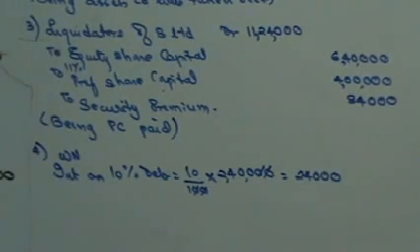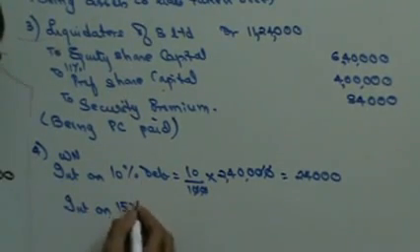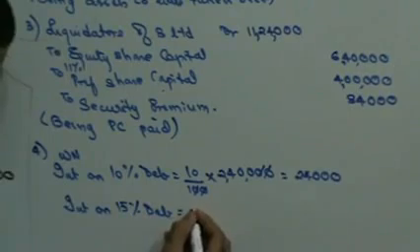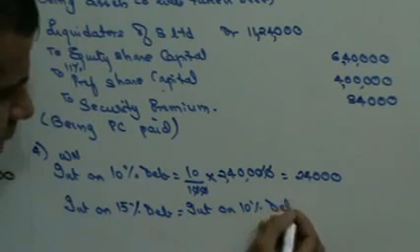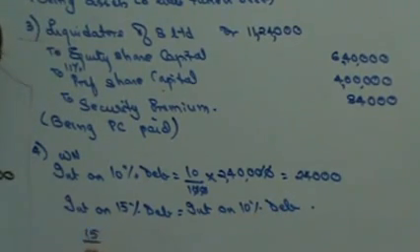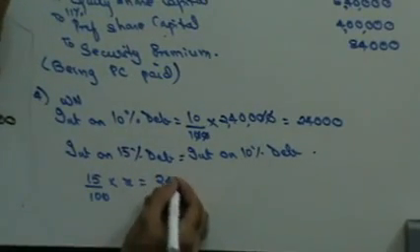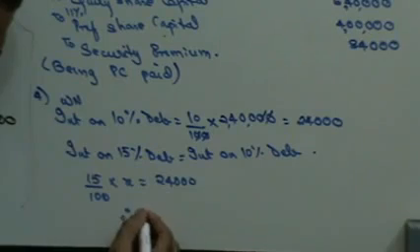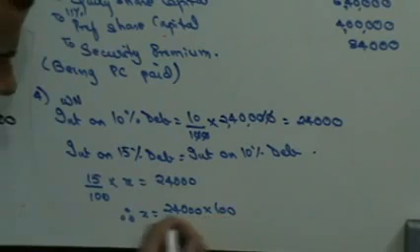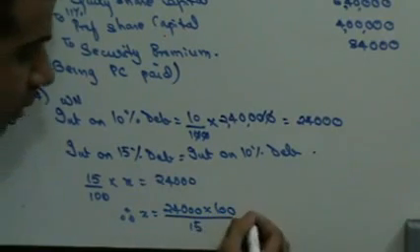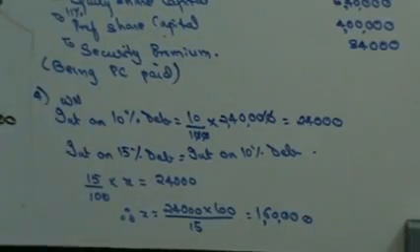What should be the value of debentures that should be issued? Interest on 15% debentures will be 15 upon 100 into X, has to be 24,000. Someone please help me get the value of X. 24,000 into 100 upon 15, that is 1,60,000.